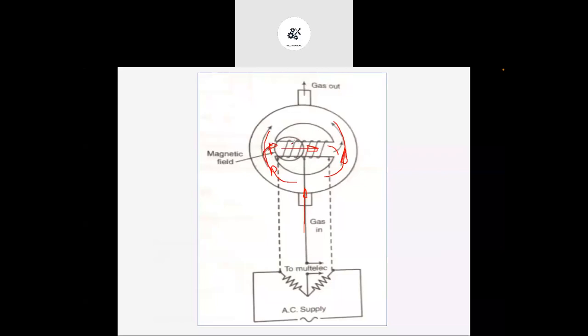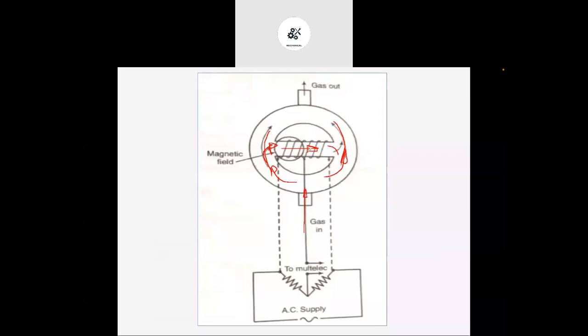the magnetic field. As it passes through this magnetic field, the heat generated by this particular winding, because of the high EMF or the voltage applied through this winding, will be taken up and will flow to the exhaust.